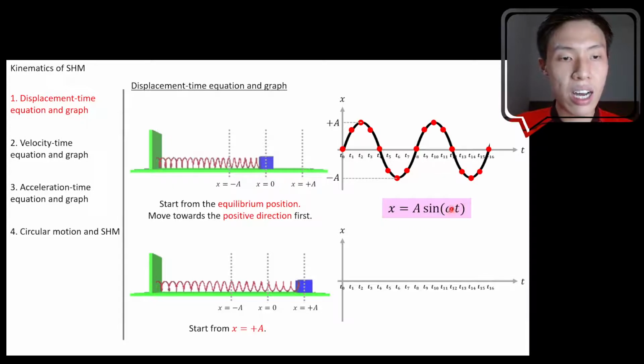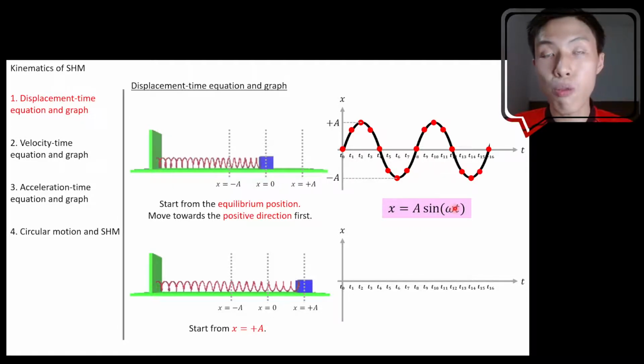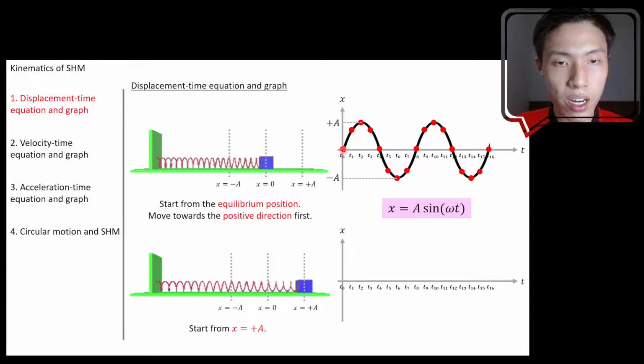Omega t here, how do you get omega? Omega is 2 pi over period, right? The period will be the time from here to here. So the time duration from the start until this point is the period. You can take from here to here, also a period, or from here to here, also a period. Basically, the time taken to complete one cycle.